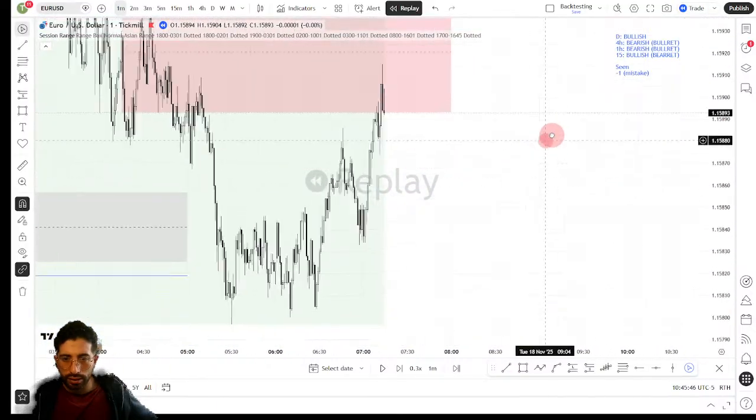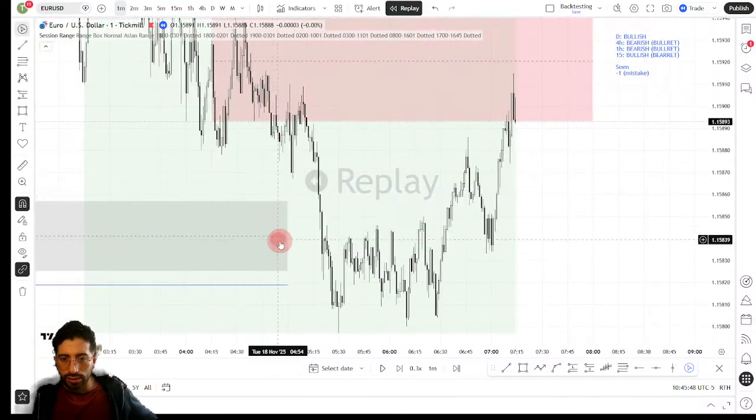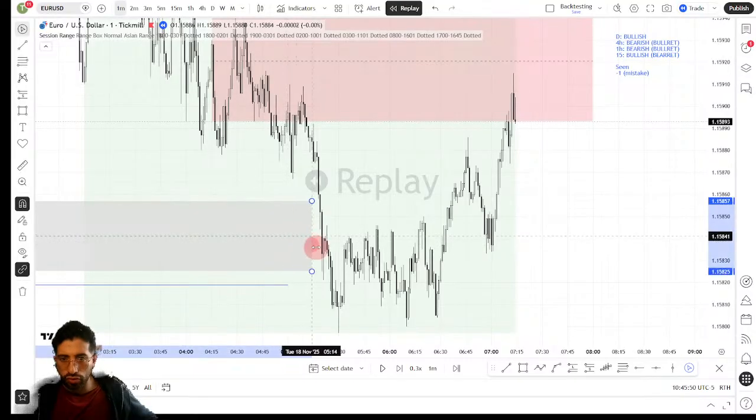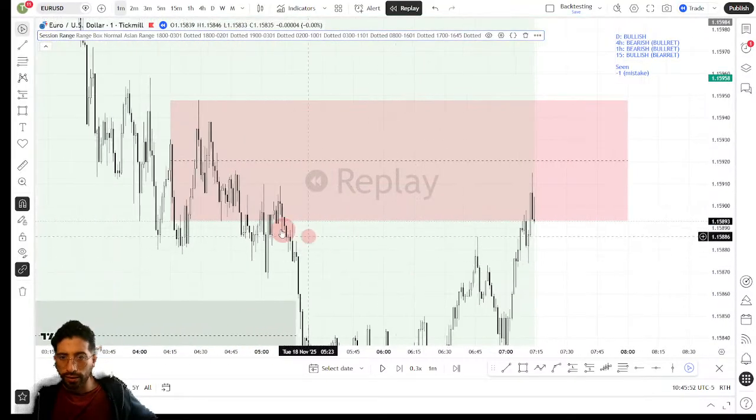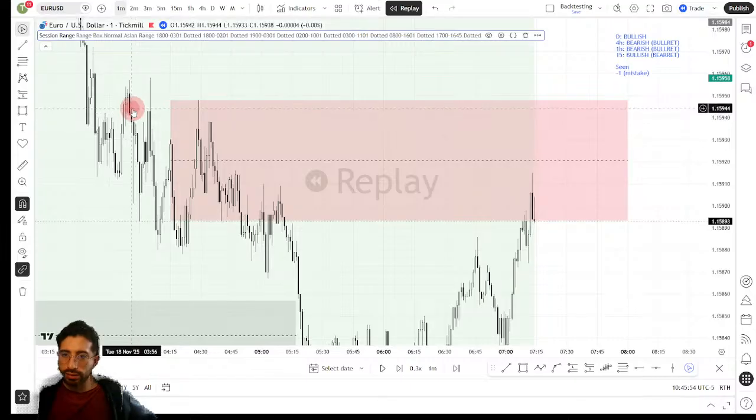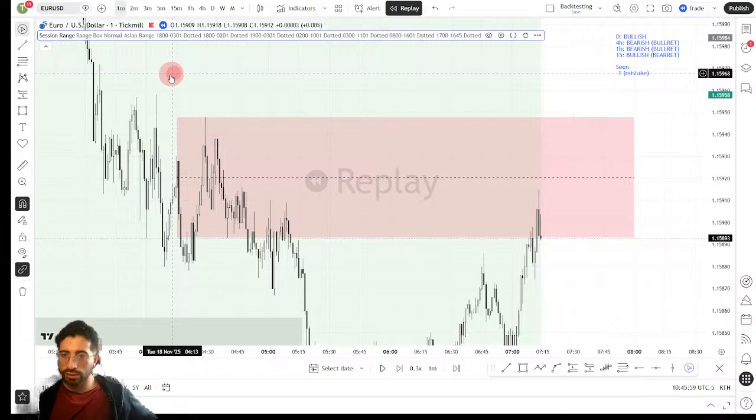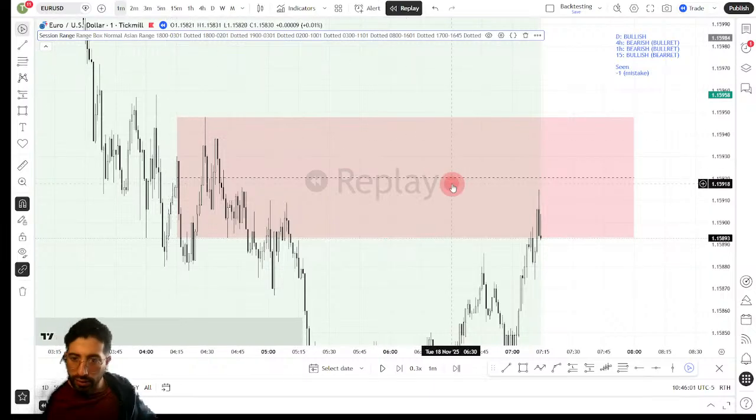Here it entered here, so it got activated. Good. Now I'm gonna look for the range beginning in 1 minute, which is actually here. All right. I can see it now.